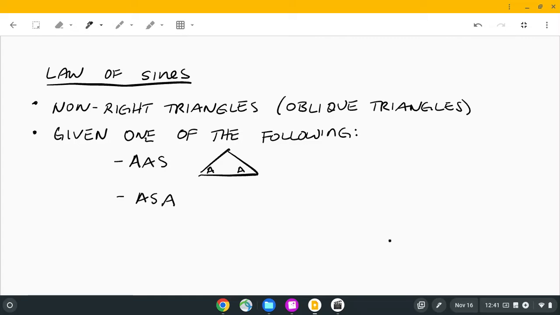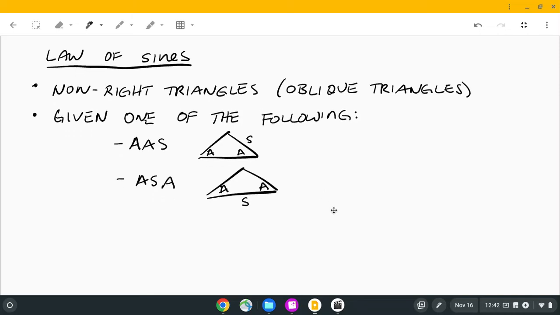So we could do angle angle side, or you could go the other direction, side angle angle. And then angle side angle, you would have angle, and then a side, and then angle. Okay, so these are the two situations where you would use law of sines.